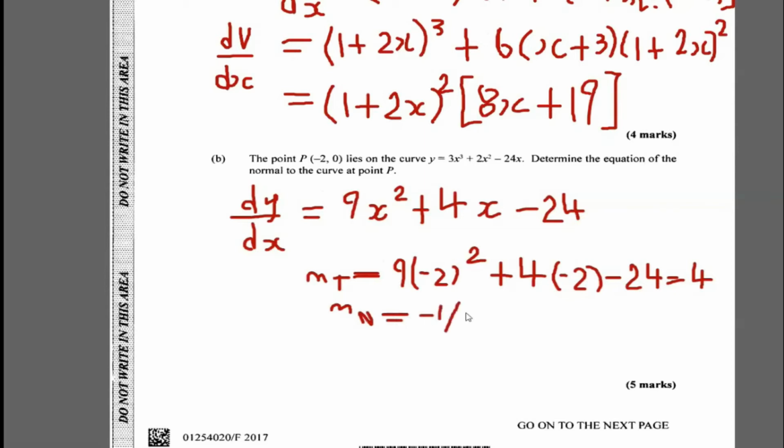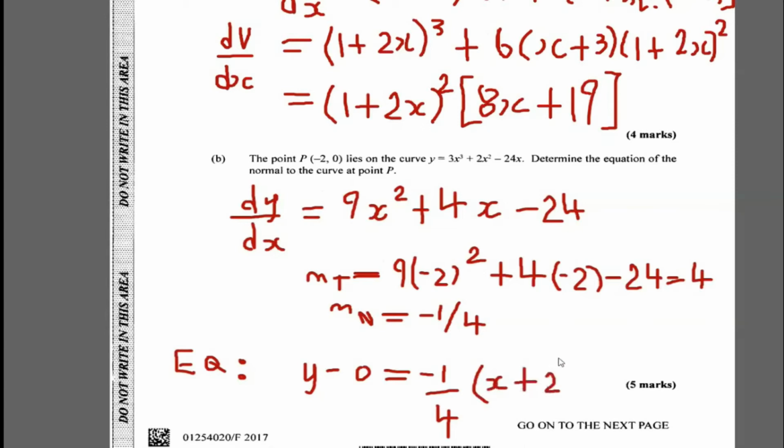Now that the gradient of the normal is -1/4, the equation of the normal, I'm going to call it EQ. This means equation. So the equation of the normal is y minus 0 is equal to the gradient of the normal, which is -1/4, times (x minus -2), which is x plus 2.